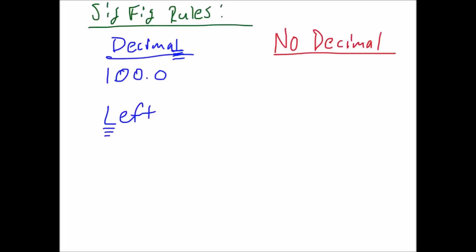So you're going to start on the left-hand side of the number, and you're going to find the first non-zero digit. That means a digit that's not 0. So for us, that would be 1. You're going to count that number and everything after it, moving in the direction from left to right. So this number has 4 significant figures.